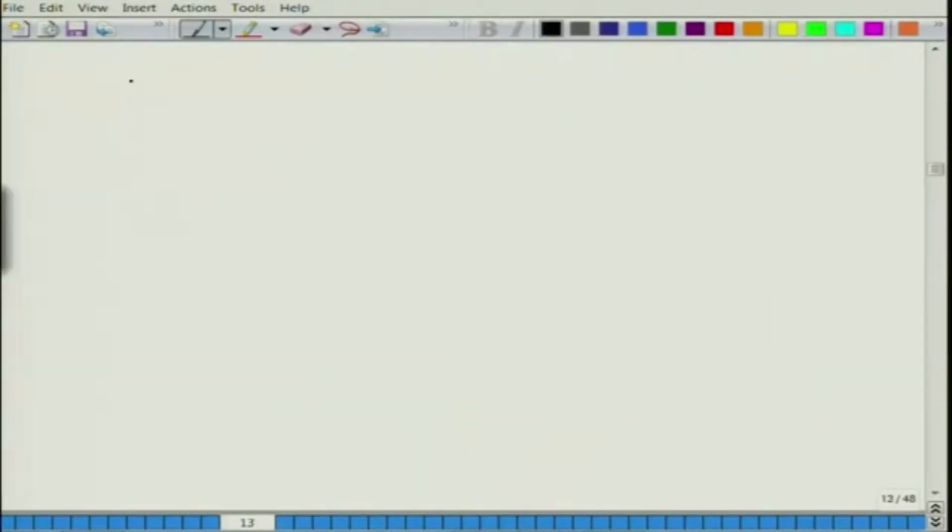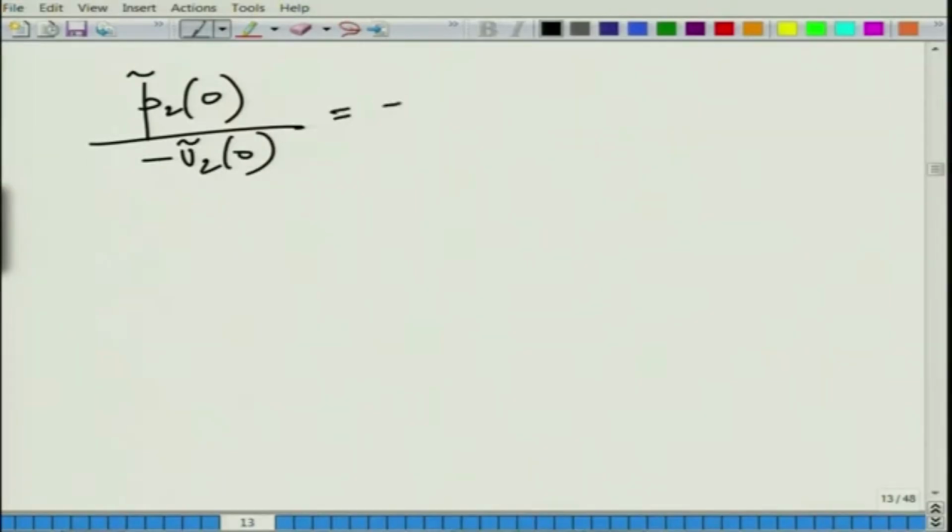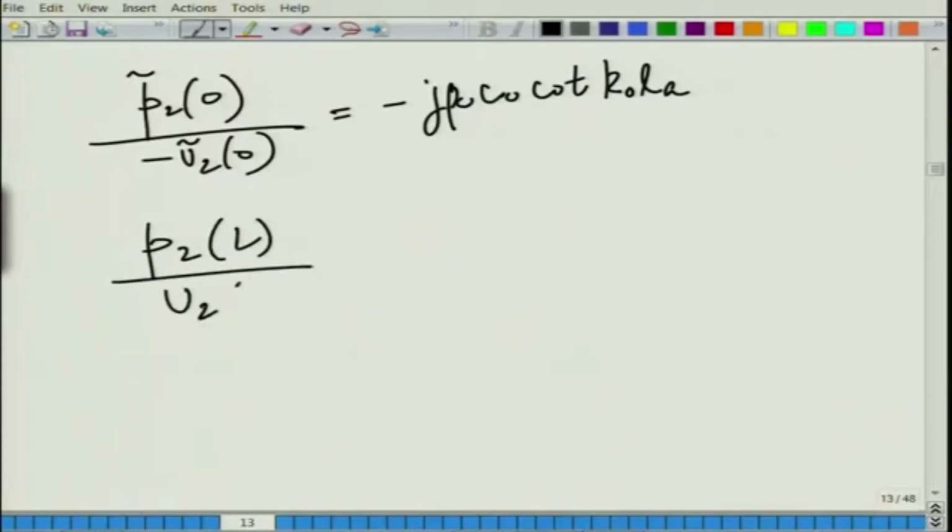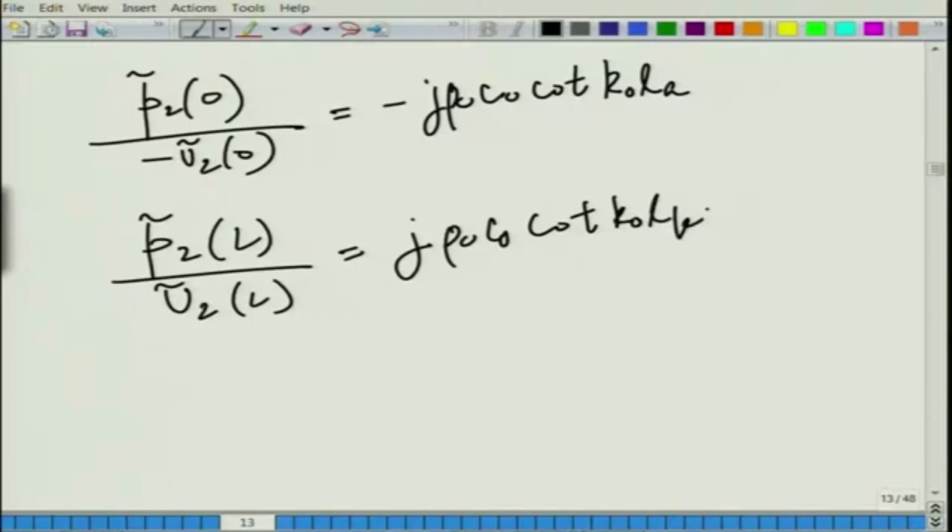Putting those boundary conditions, P 2 at 0 and U 2 at 0, tilde, is equal to minus j rho naught c naught cot k naught L A, and P 2 at L, U 2 tilde at L, is equal to j times rho naught c naught cot k naught L B. So, we will have these boundary conditions.